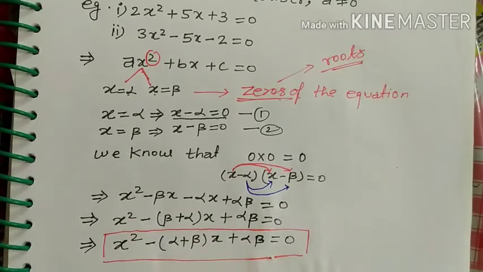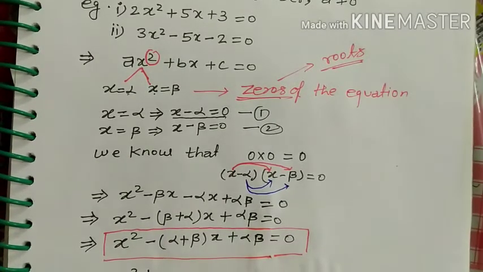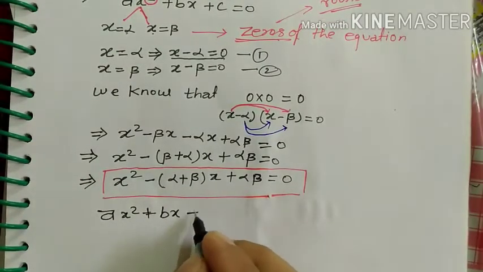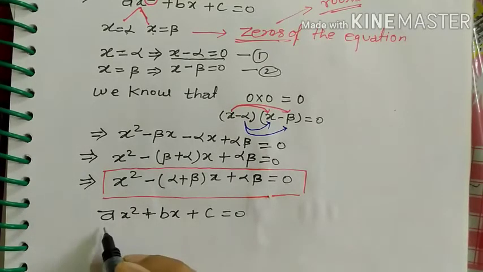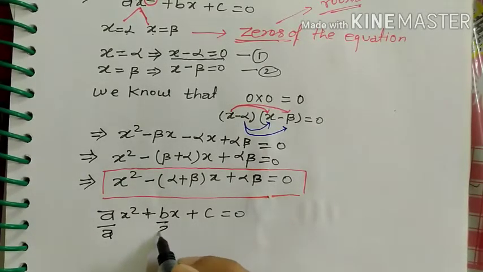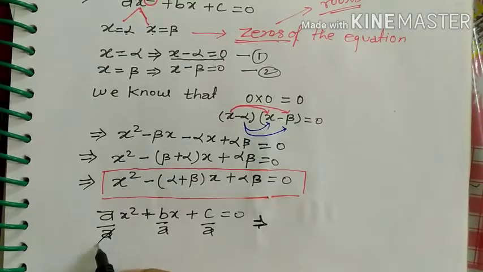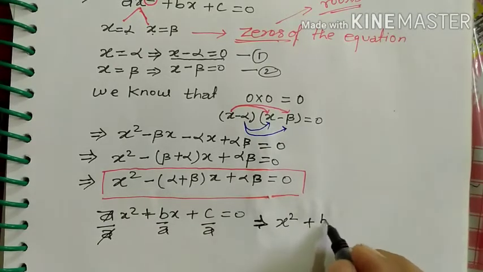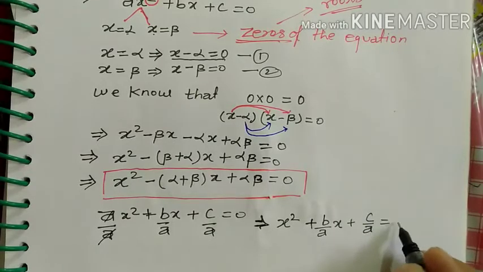Comparing it, you know that ax square plus bx plus c equals 0 is the standard form of the equation. After dividing by a, a by a cancels, and it becomes x square plus b by a x plus c by a equals 0.